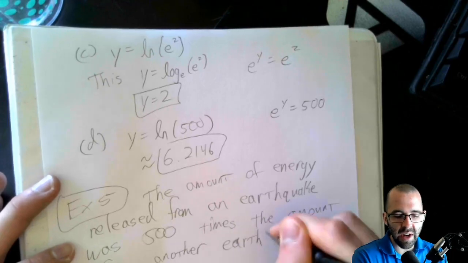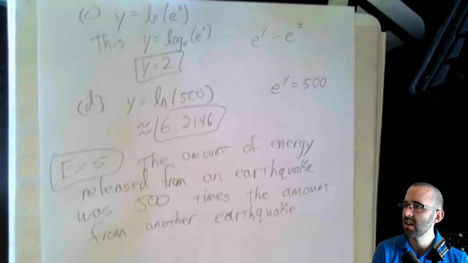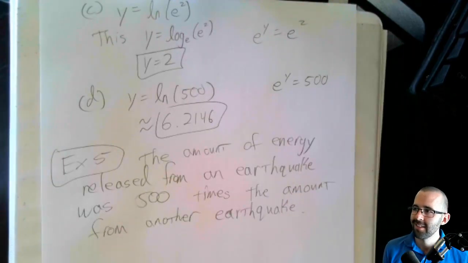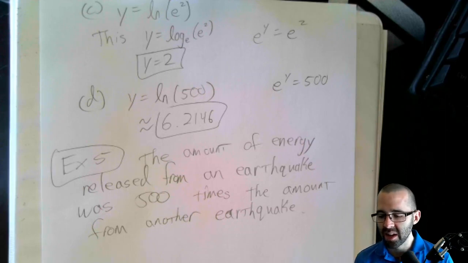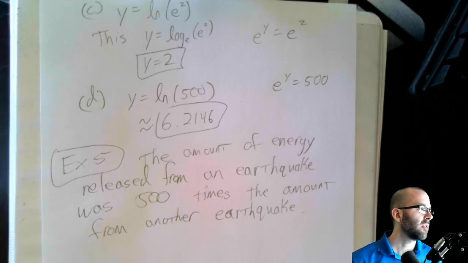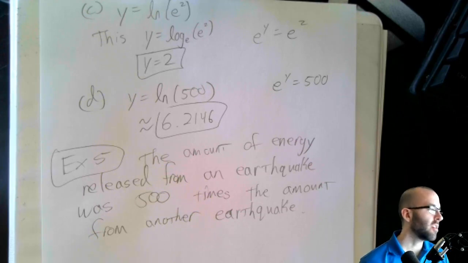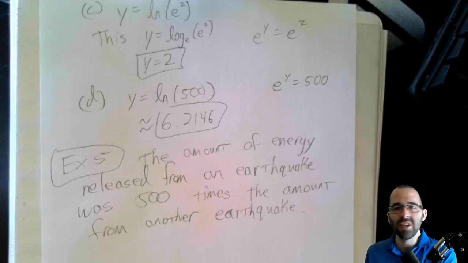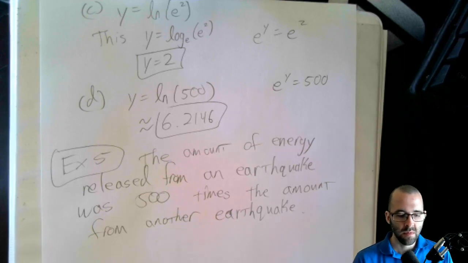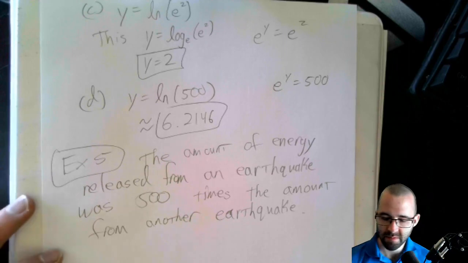So this is going to be talking about magnitude. The magnitude of earthquakes, like if you see this earthquake had magnitude 6.2, this earthquake had magnitude 7.2. There's an interesting relationship with exponentials and the energy released.